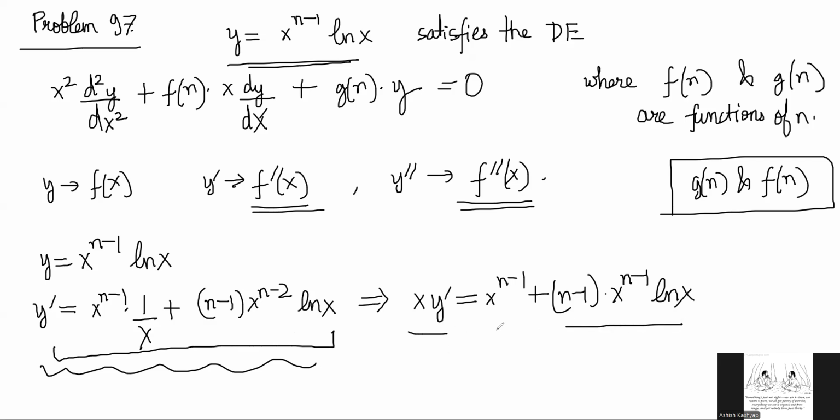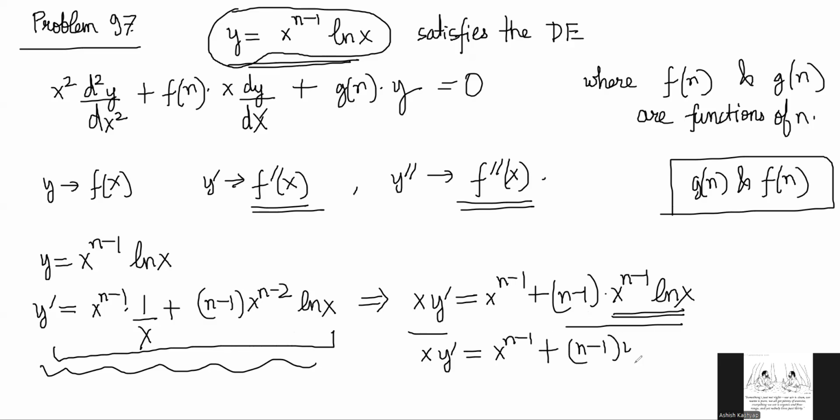Now, keep in mind that our y was x power n minus 1 ln x. So here, this part is simply y. So I can write this as xy dash is equal to x power n minus 1 plus n minus 1 into y. So this becomes our new equation that we'll start working with, right?